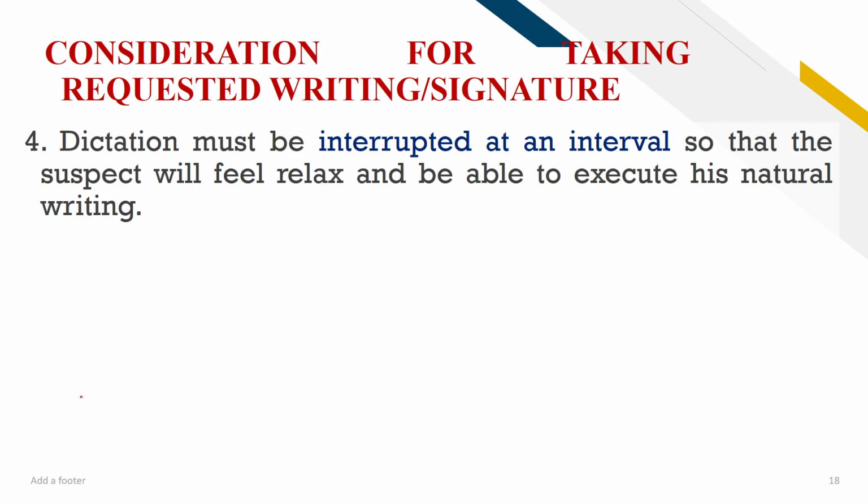Bakit po natin ini-interrupt? Para hindi siya magmadali. Baka naman binilisan mo yung basa ng dictation, hindi niya na naisulat yung iba or hindi niya na properly na-execute. Take note ha, kapag ang sulat mas mabilis, the wider the divergence of the stroke. Kapag naman mas mabagal, the narrower the differences or spaces between the strokes.